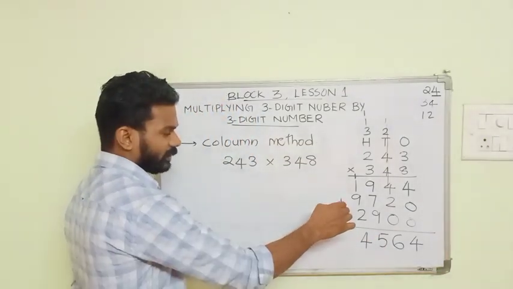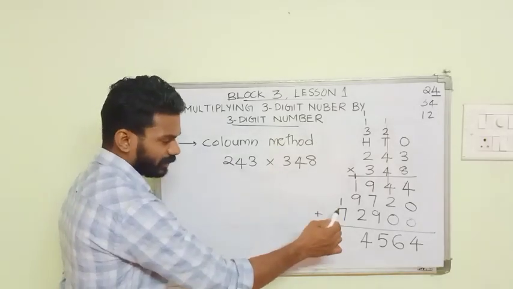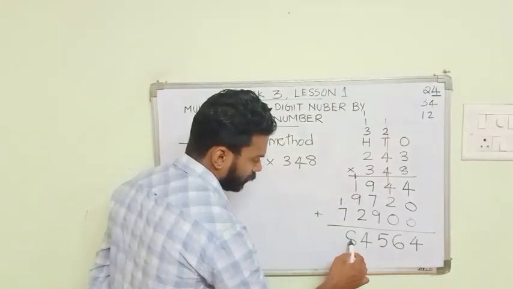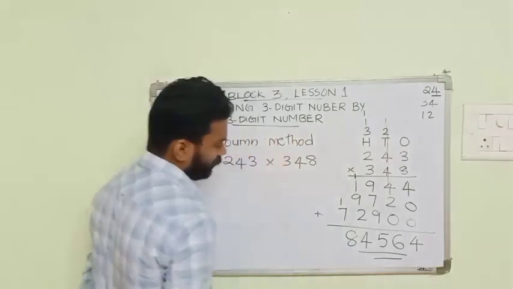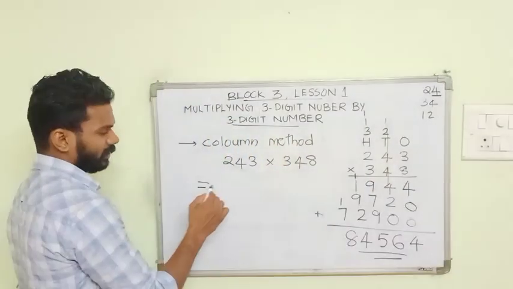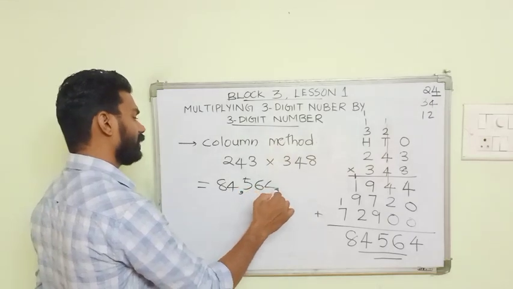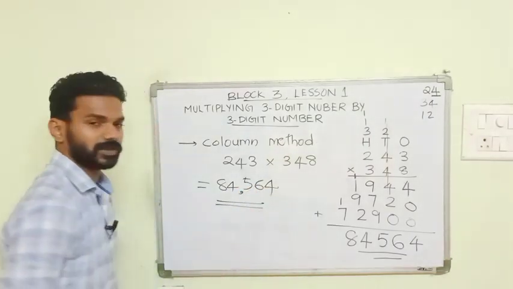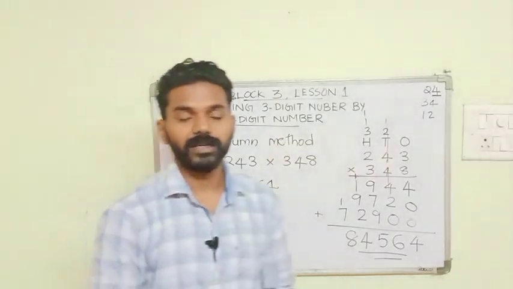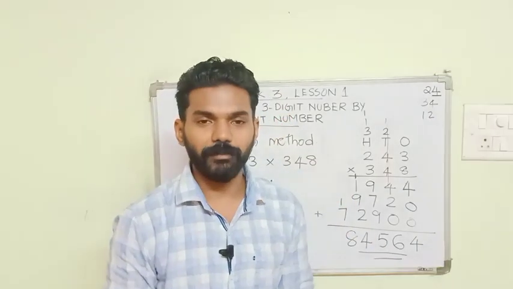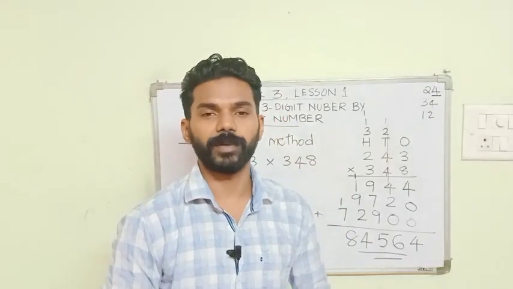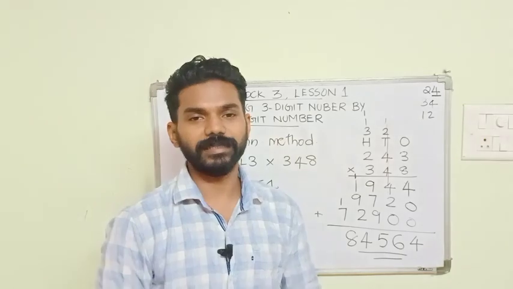The balance 1 here. 7 plus 8 plus 1, which is going to be 8. So our answer is going to be 84,564. So this is how a 3-digit number can be multiplied with another 3-digit number.